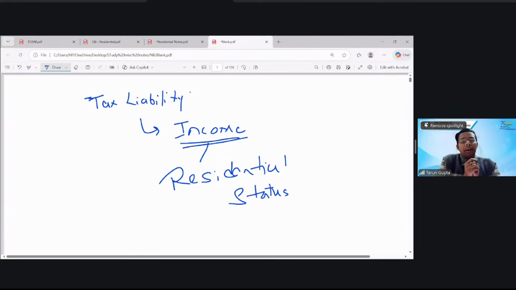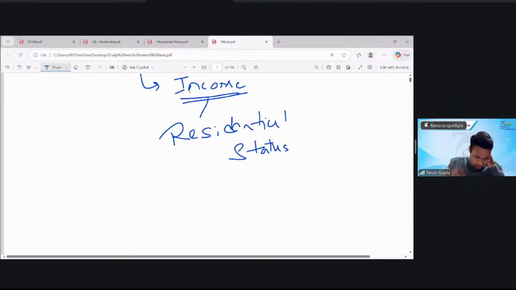If a person is a resident in India, then the nature of income which is taxable in India will be different from a person who is non-resident in India. I hope we are clear till here.